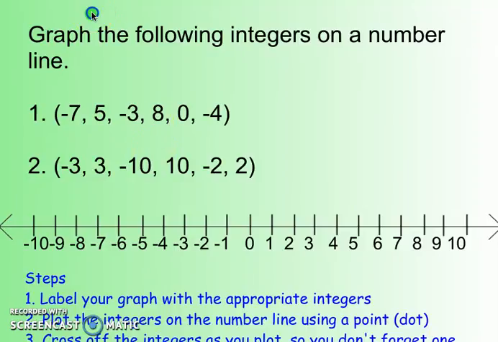So if we start graphing this, what I would do is look at the smallest number that you have and start working your way up. So -10 is my smallest number. Then as I move up, I notice -7 is my next number. And I'm just putting dots on the number line. I'm plotting.